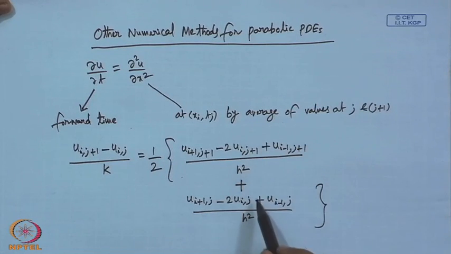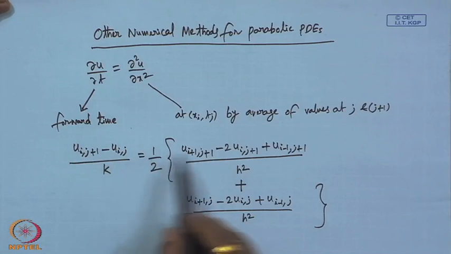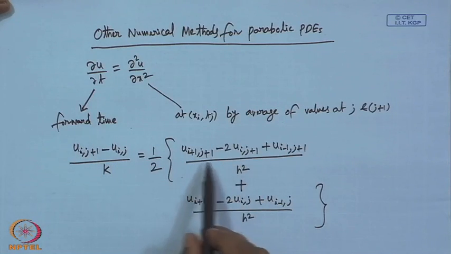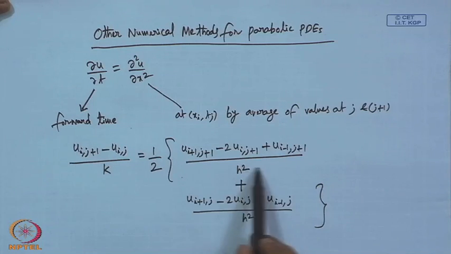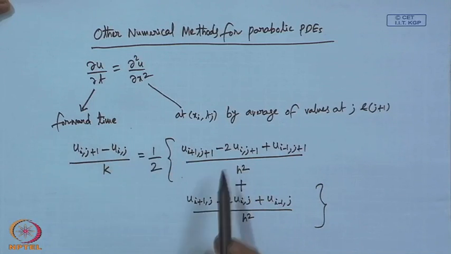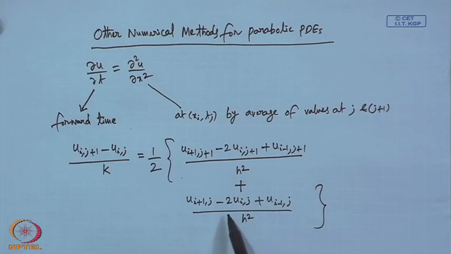So, the meaning of this is this. You can look at it, this is a usual forward, but here this is value of j plus 1 central for second order second derivative, and this is value at j.